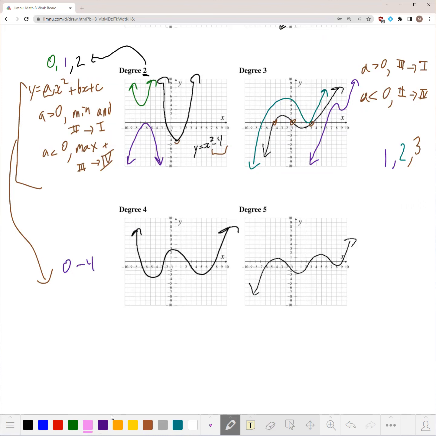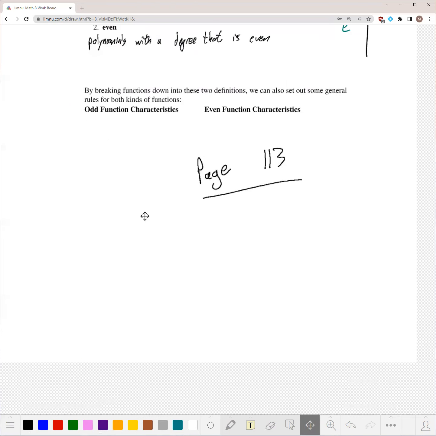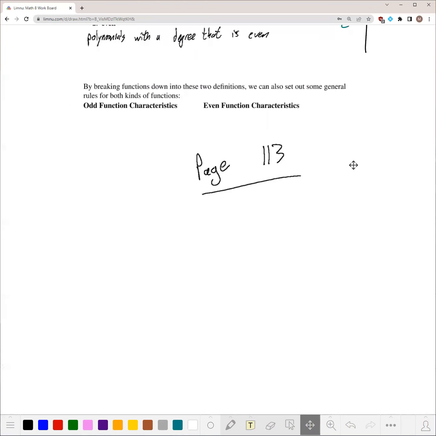Same idea again: copy our rules down. They apply the same way, but we can have between 1 and 5 x-intercepts for a quintic function, a degree 5 function. This pattern continues, and that should make sense if you go back up and talk about our characteristics on page 113. That whole thing is just full of ideas which you copy down.